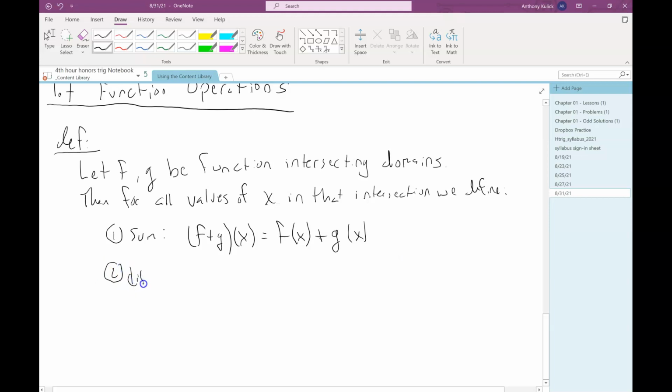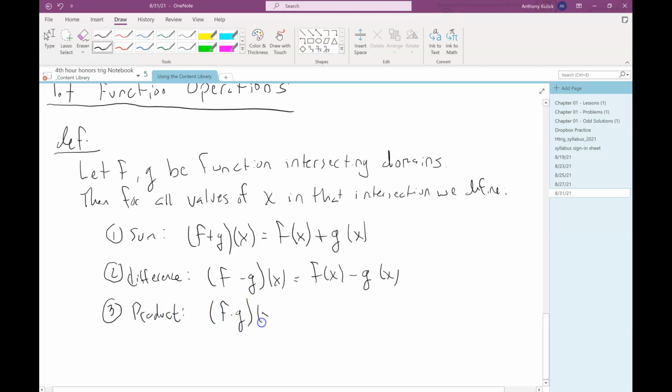The difference of 2 functions, f minus g evaluated at x, is equal to f evaluated at x minus g evaluated at x. The product, f times g evaluated at x, is f of x times g of x.